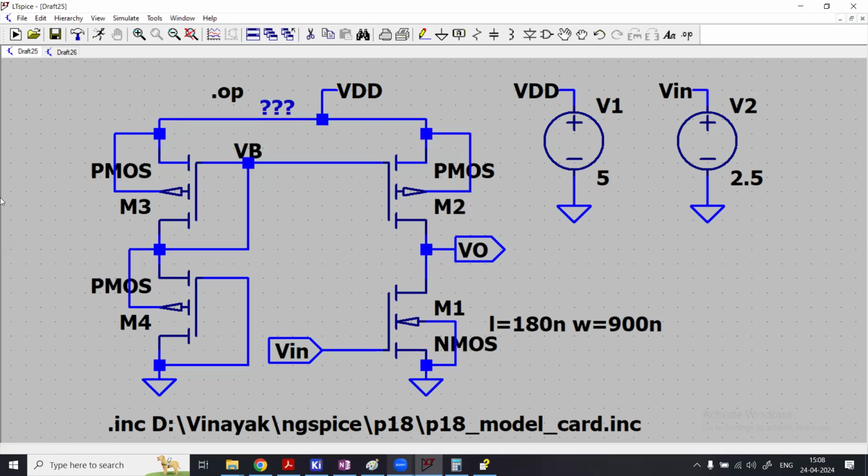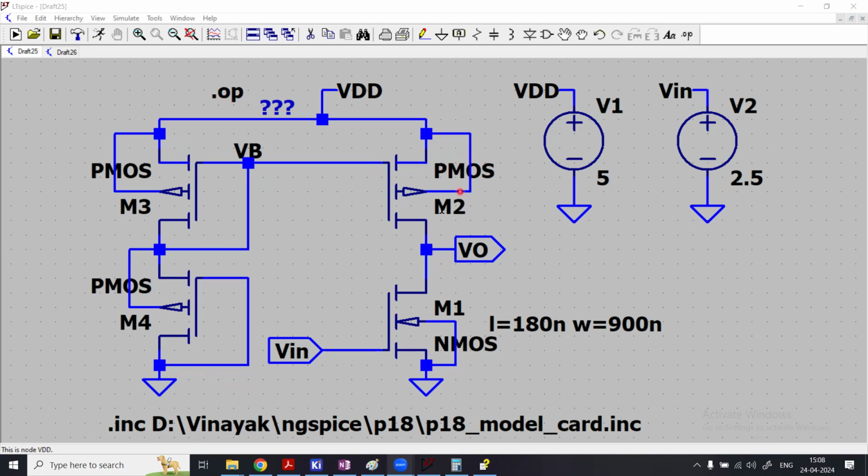Why I chose 2.5 volt, I will explain as we progress through this discussion. Now, what are this L and W which have been highlighted for M1, and what is this .inc include? There is some file, and that file is a model file. Then there is the .op, which is a simulation command. We will run the operating point analysis accordingly.